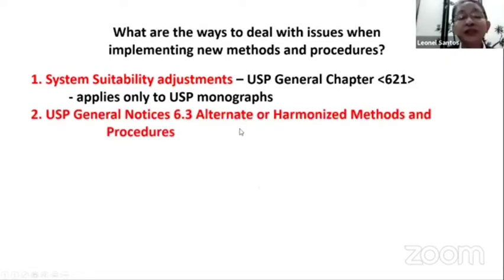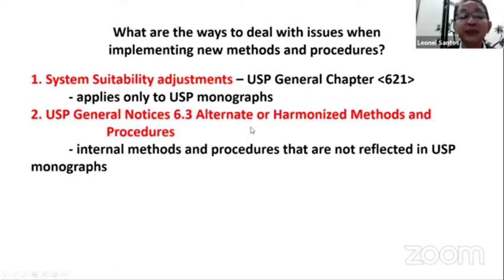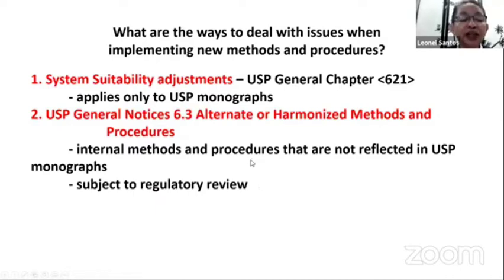If not, if you're using an alternative or harmonized method, one thing you could do is to make the adjustments. But remember that these methods that are not reflected in USP monographs are subject to regulatory review. So FDA can ask you questions about the validity of your method.